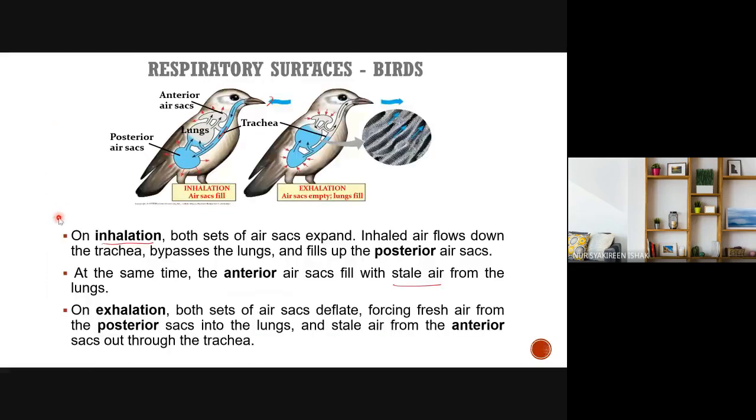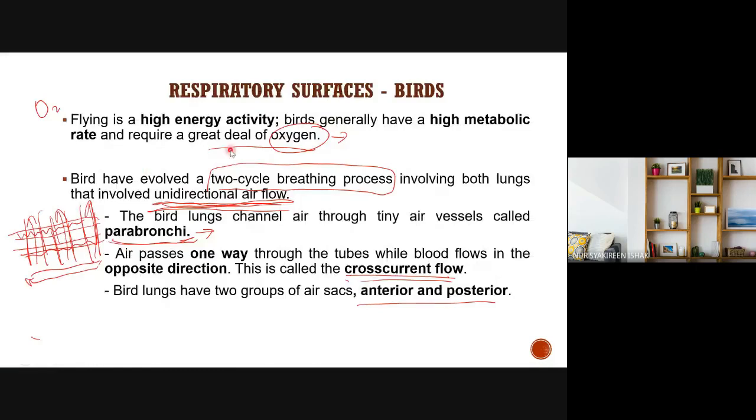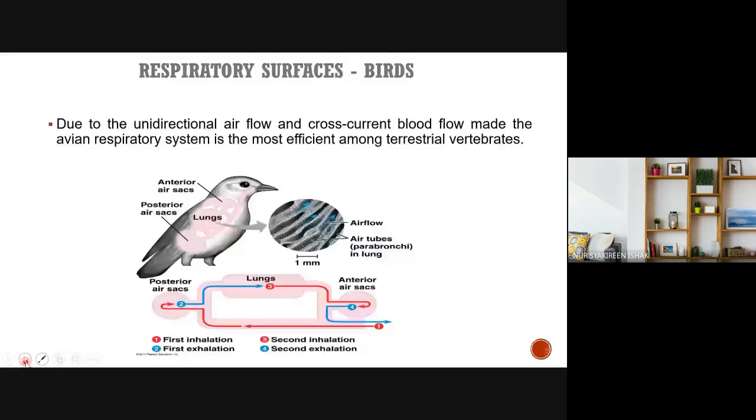Yeah, two cycle breathing processes. It means that two inhalations and two exhalations. Nampak? First inhalation, first exhalation, second inhalation, second exhalation. Two kali inhalation, two kali exhalation. That's why two cycle breathing mechanism lah.